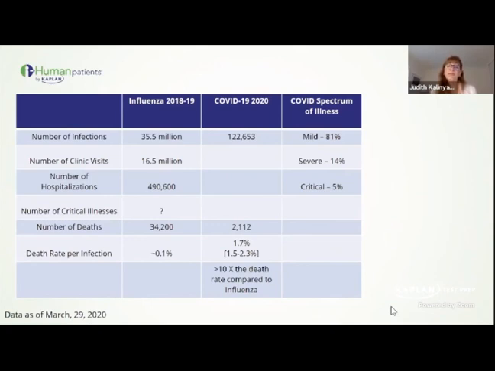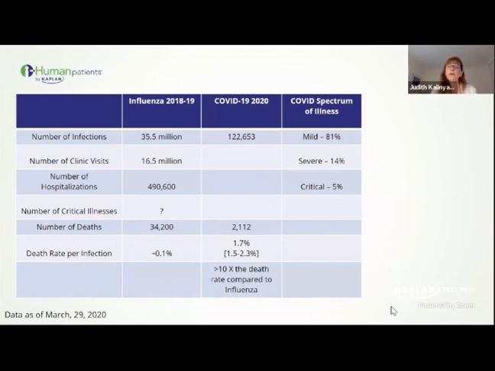So you can see if we had 35 million individuals that had COVID-19, this death rate would be hundreds of thousands of people. And some of the thought is that the binding of the virus has a 10 times greater affinity to your epithelial cells in the respiratory tract than the influenza.